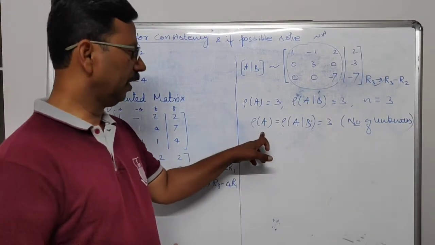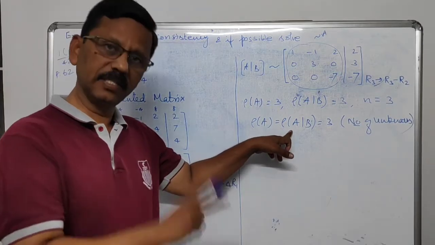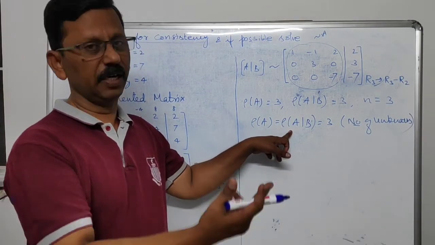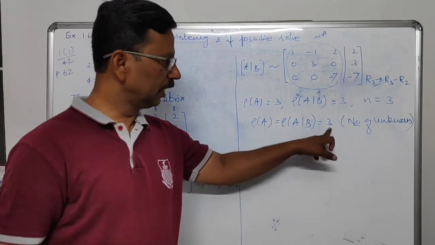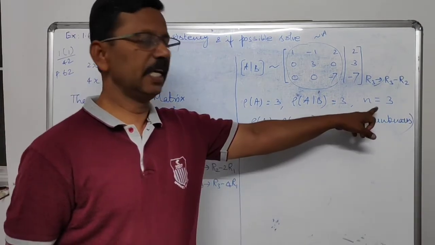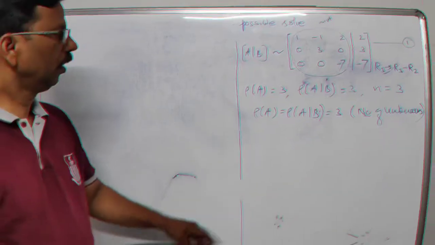Therefore, if rank of A and rank of AB are both equal, definitely the system is consistent. And after that, you have to check whether it has a unique solution or many solutions. See, this is equal to 3, this is equal to the number of unknowns, which means if all these 3 are equal, definitely the system has a unique solution. How do you find the unique solution?